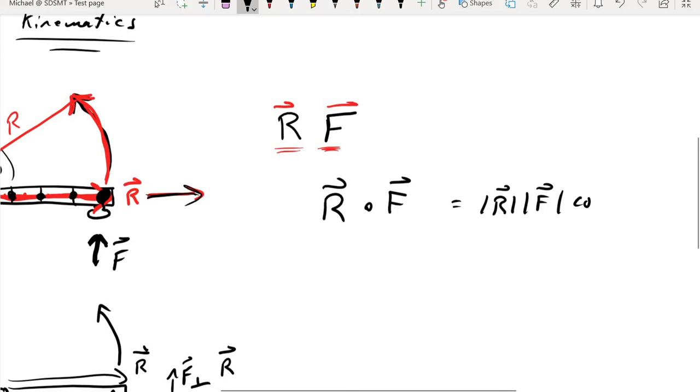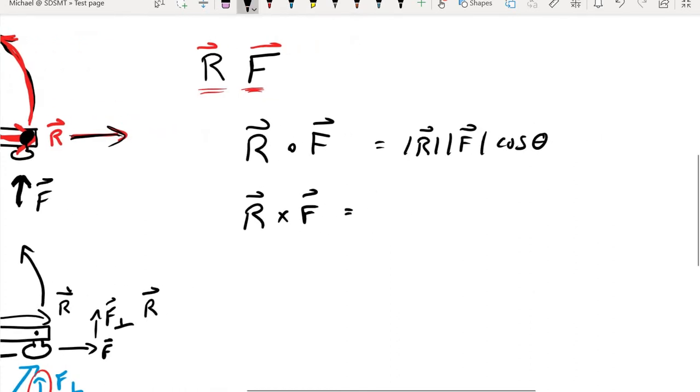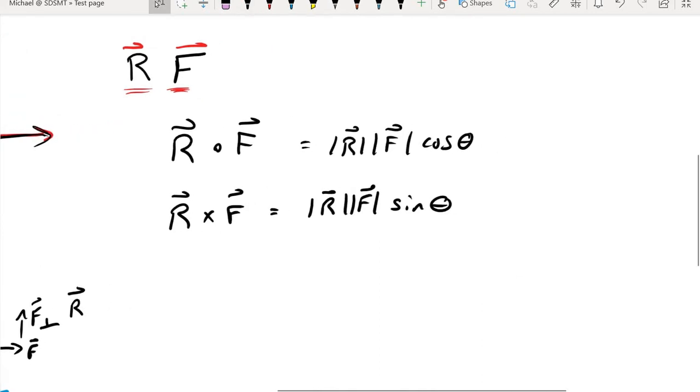And the dot product says you can take the magnitude of each vector and the cosine of the angle that exists between them. And that's one way that we can evaluate that vector product. Another way is the cross product. And this is something that we've not used yet in this course. But the evaluation of a cross product is not that different from the dot product. Instead of a cosine, we utilize a sine.